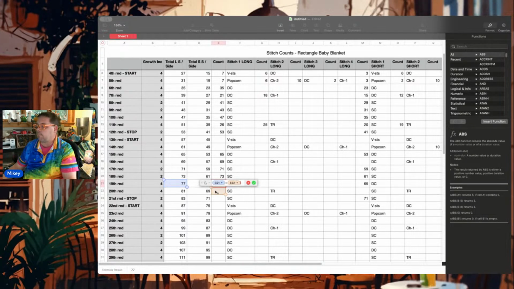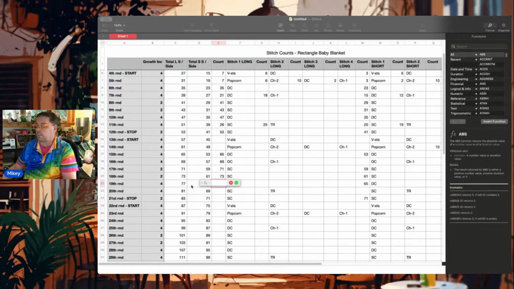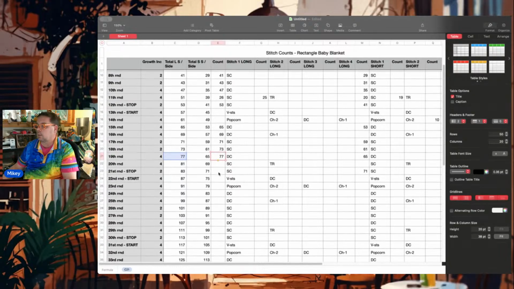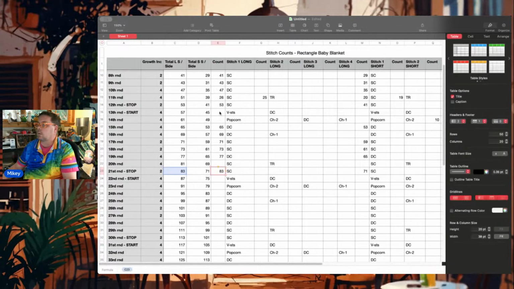The only ones I cannot figure out automatically are the ones that have multiple types of stitches within a side. That's the only one that we cannot do automatically. Equals that. Okay, so then these guys are done. So we're going to copy.